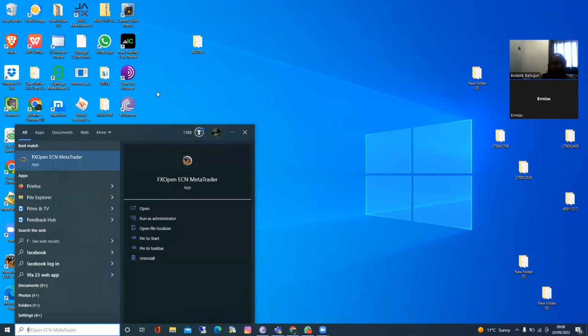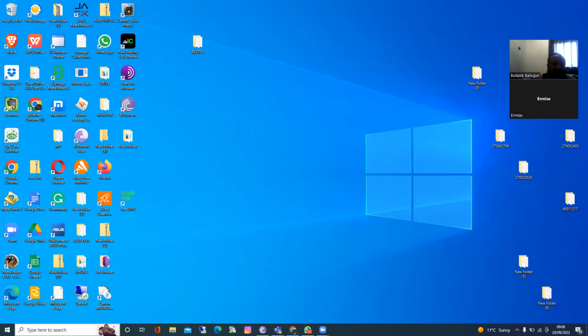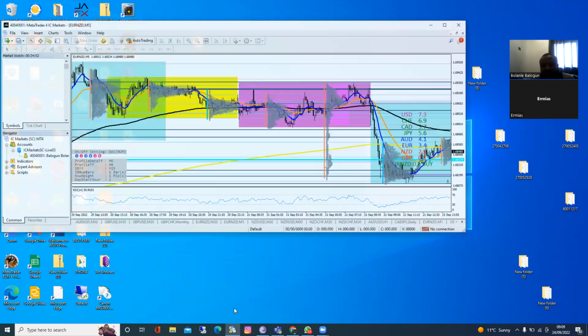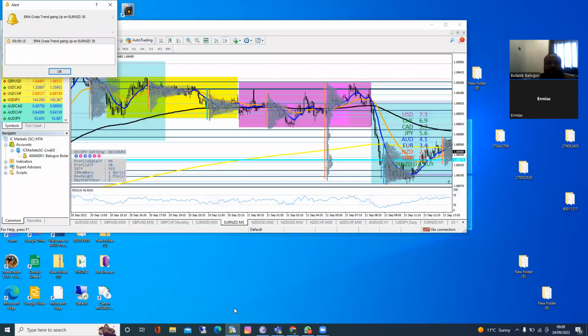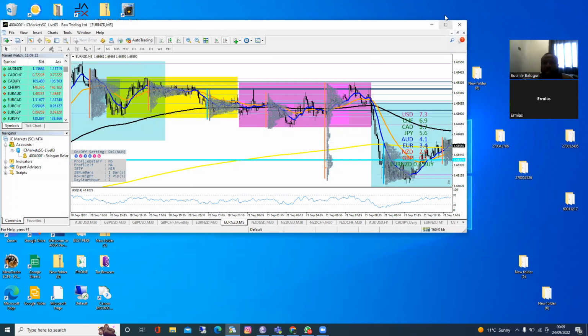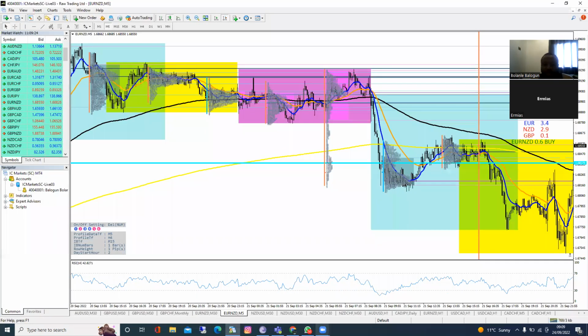Yeah, I use MetaTrader as well, but obviously I use TradingView for my analysis because for a certain part of my analysis I use TradingView. For some other part of my analysis I use MetaTrader at the same time as well.